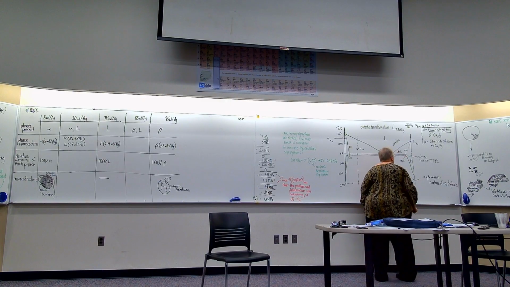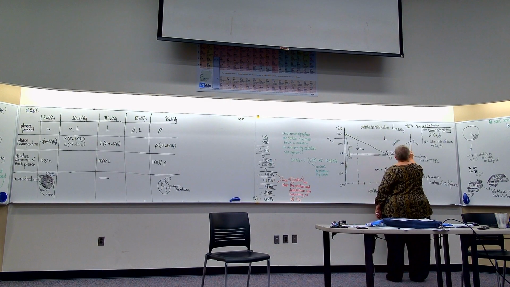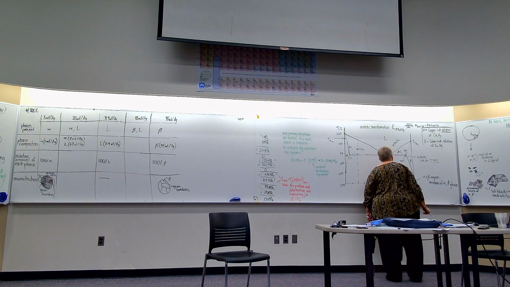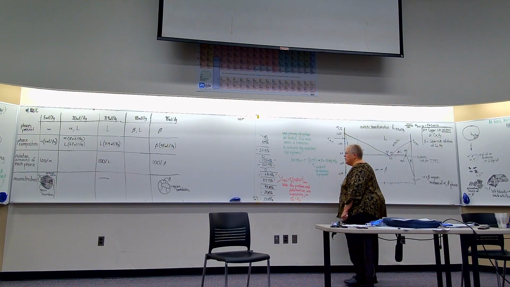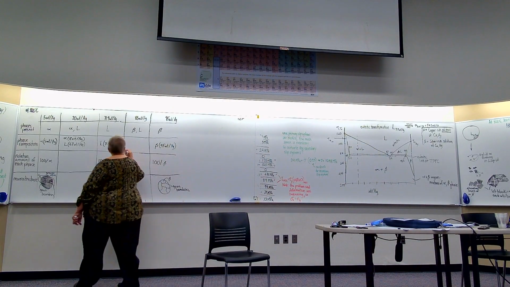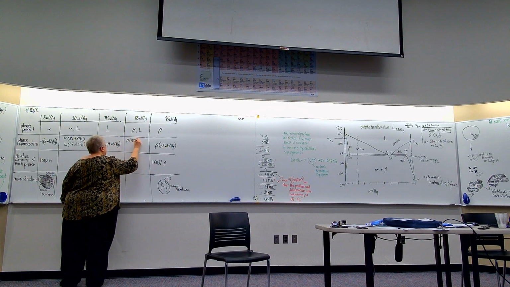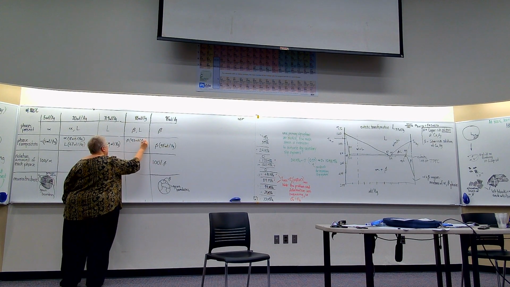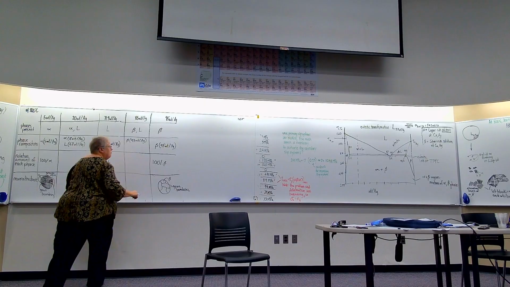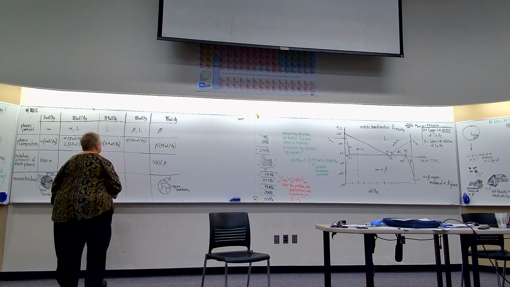Say 93. Okay, so over here, I've got beta is 93, 8% silver. Is that right, or is that the liquid? No, liquid's at 77.